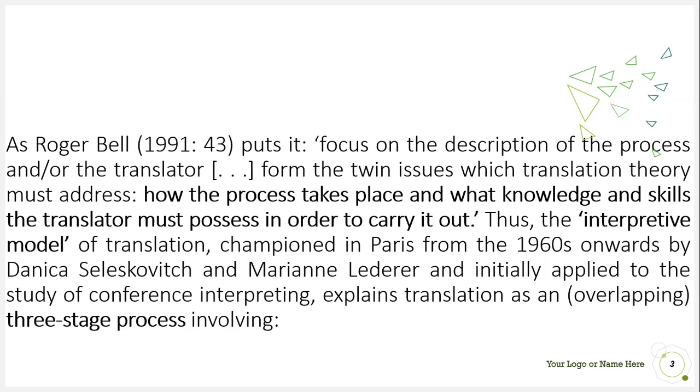If you really want to understand the cognitive process, you have to try to find out the answer to this question: how the process takes place. Okay, that's the first thing. And the second issue that we need to focus on is what knowledge and skills the translator must possess in order to carry it out. So first is process, that is how it takes place. So we need to figure it out.